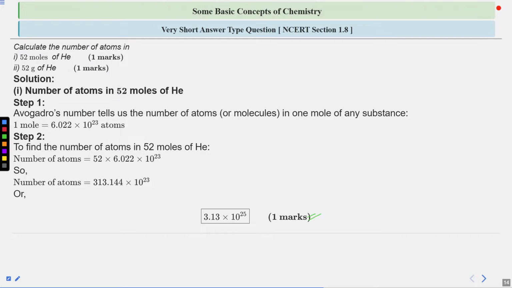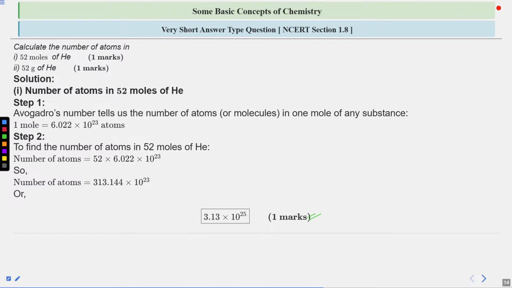You have to do the whole calculation to get this mark. Does anyone have any problem with this question? It's very simple again. Once you get this type of mole calculation and move on to the stoichiometric calculation and calculate the limiting reagent, then you will easily be able to solve the question.